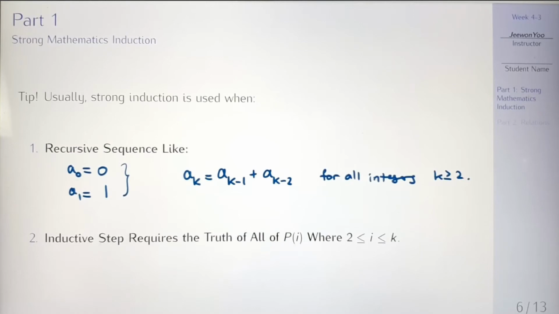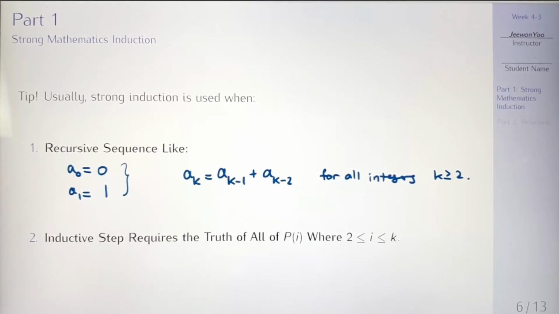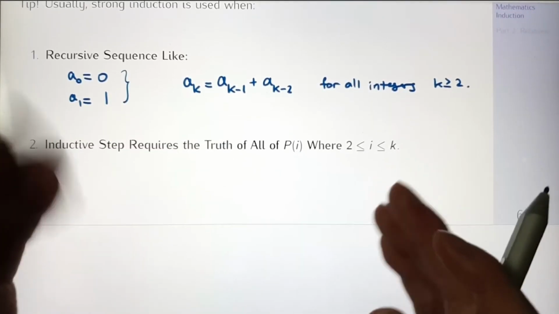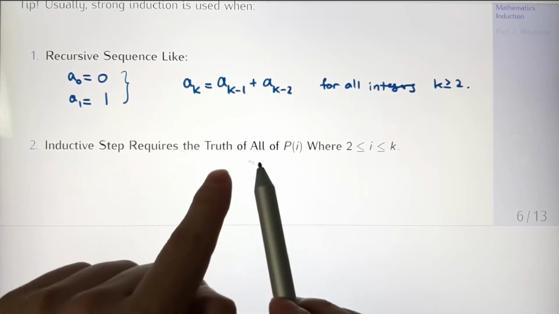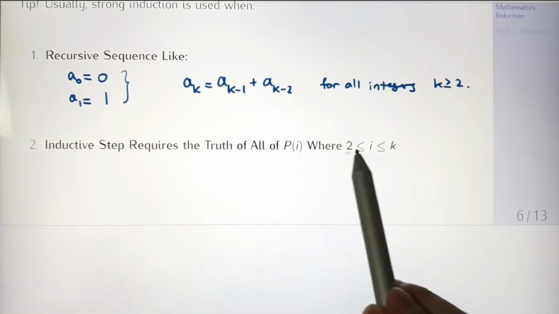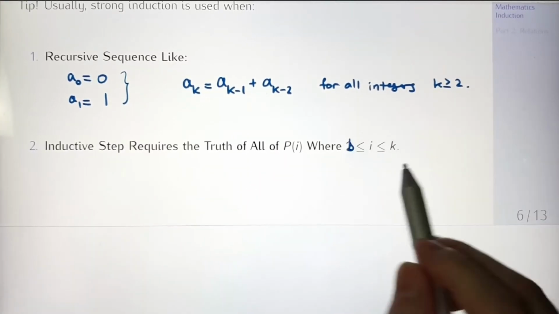When this happens, then we need multiple base cases. What does that mean? It means we need strong induction. Another famous situation where we need strong induction is when the inductive step needs the truth of all predicates, where the integer i runs from some number b up to k.